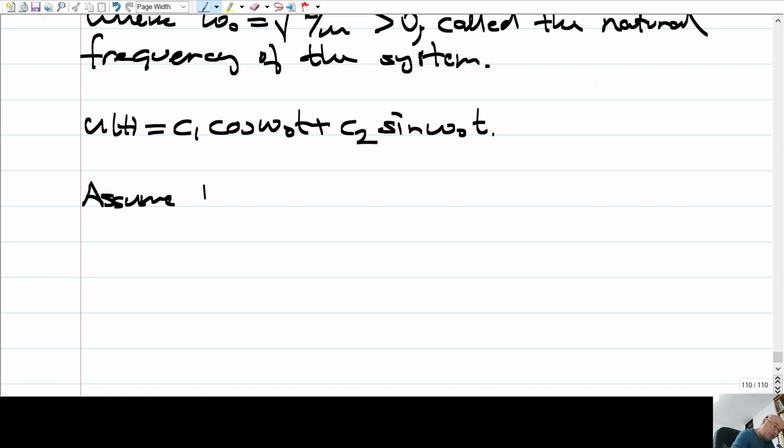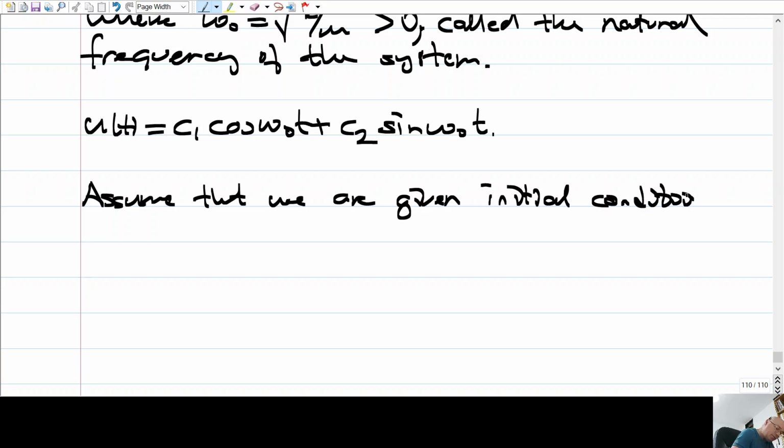Assume that we are given initial conditions like u of 0 equals u0 and u prime of 0 equals u0 prime.